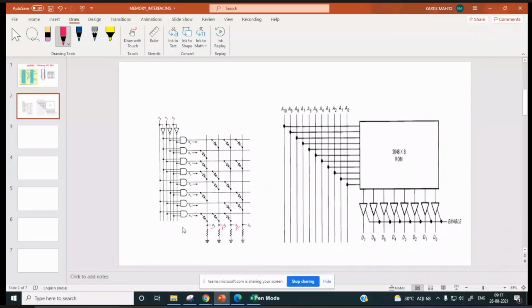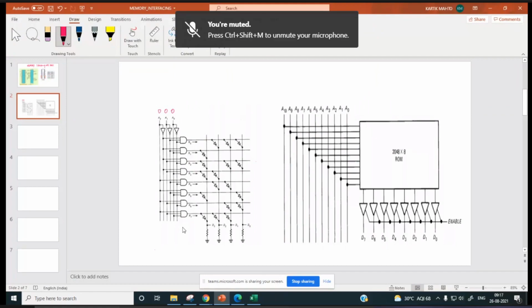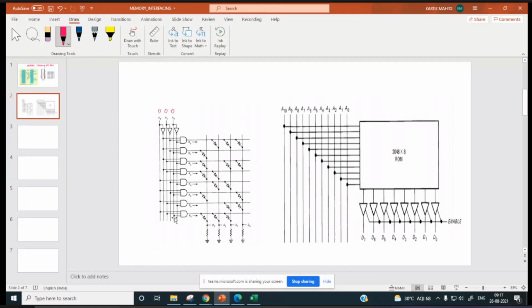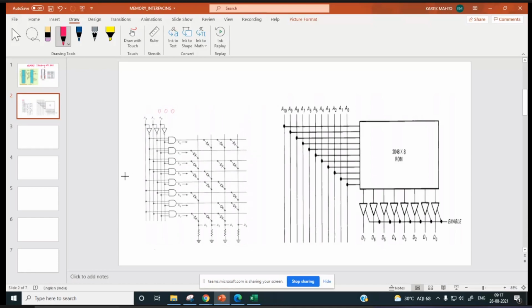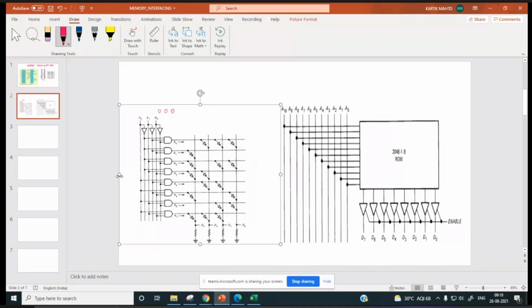If I put 0 0 0, then what will be the output at these 4 pins? Sir, 1010. Okay, why 1010? Sir, in binary the address 00 will be stored, and the data in hex will basically be A5. Arre, if this is 0, this is 0, this is 0, then which lines will be 1? This will be 1, this will be 1 and this will be 1.